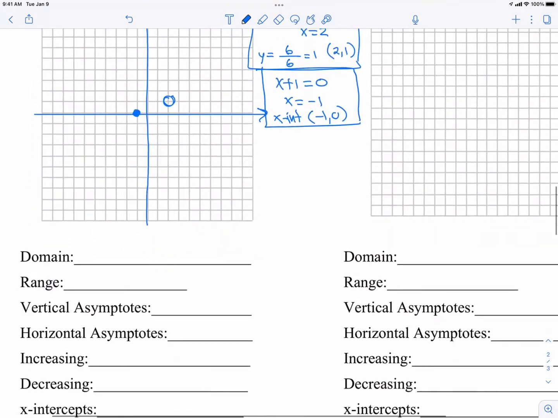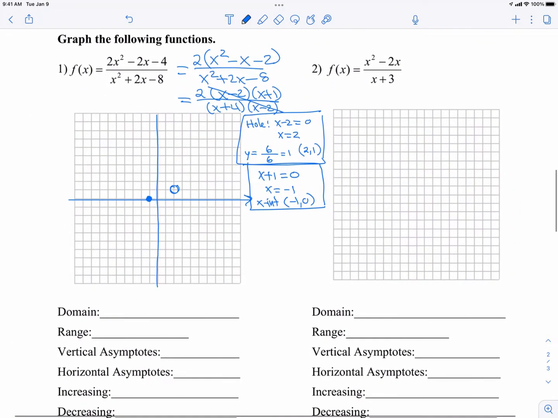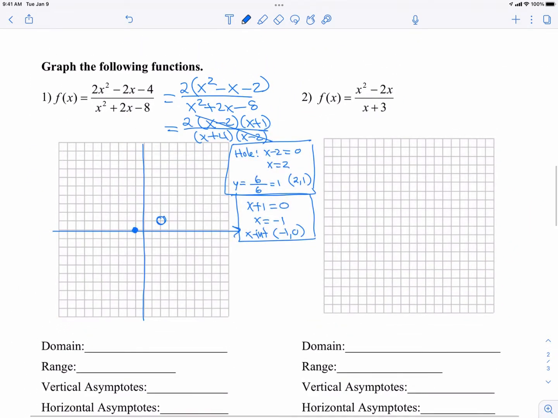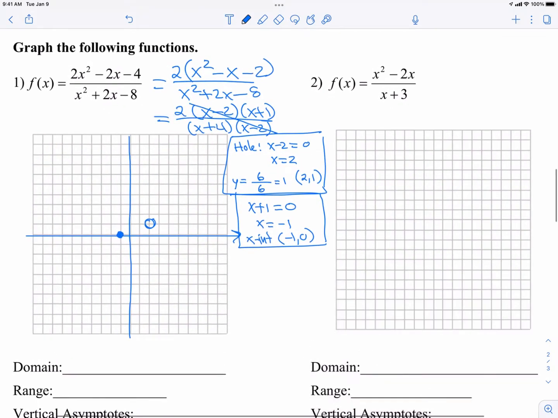The y-intercept. You find that by plugging in 0 for all of the x's, and it's just as easy to do that in the original equation. If all of these x's are zeros, then you're just left with negative 4 divided by negative 8, which is positive 1/2.